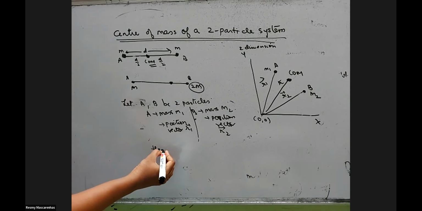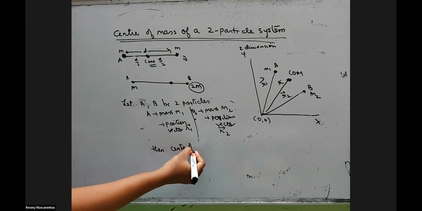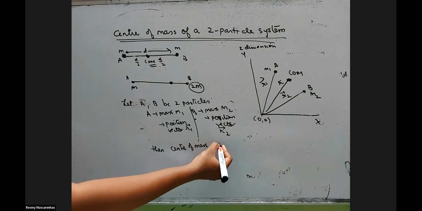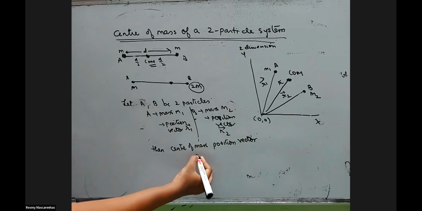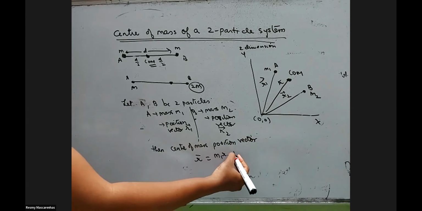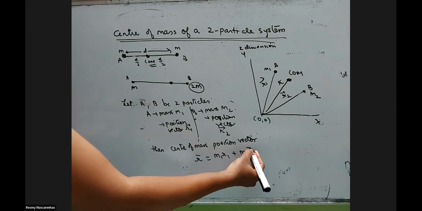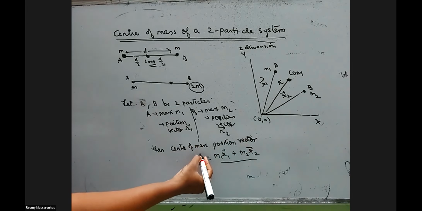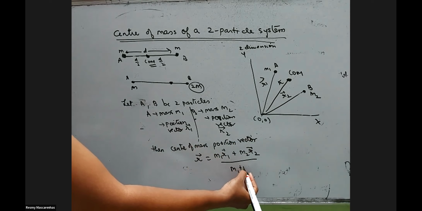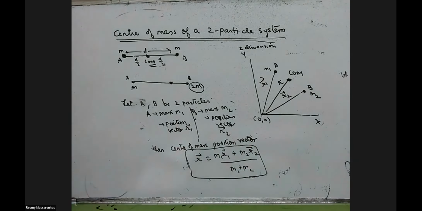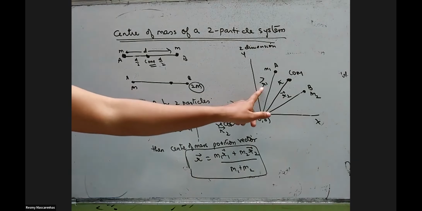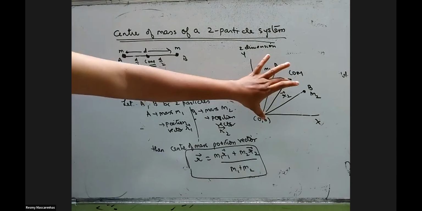Then the center of mass position vector will be, this is the formula, m1 r1 plus m2 r2 upon m1 plus m2. Okay, if you want to find the average position vector.